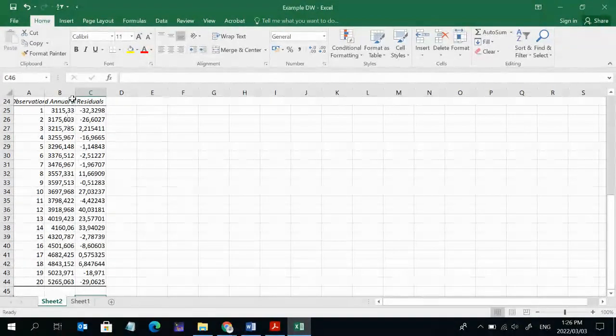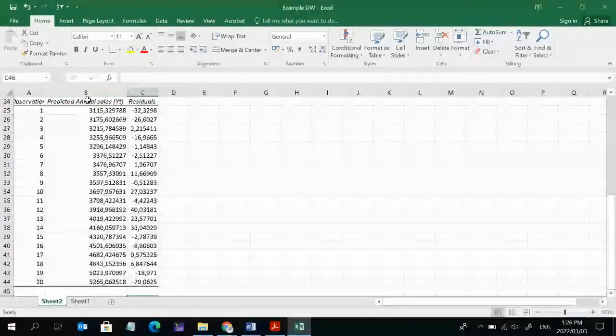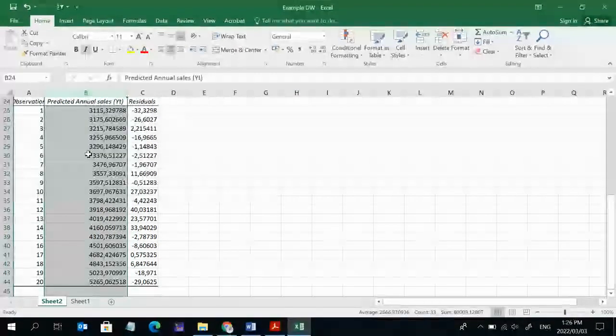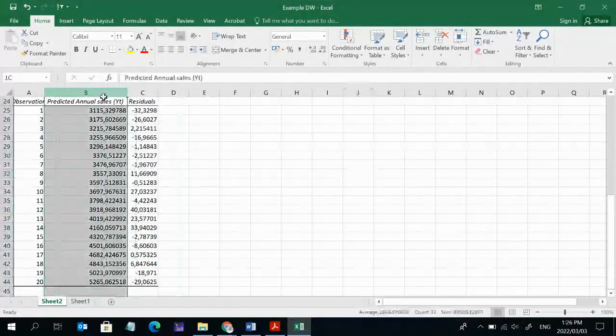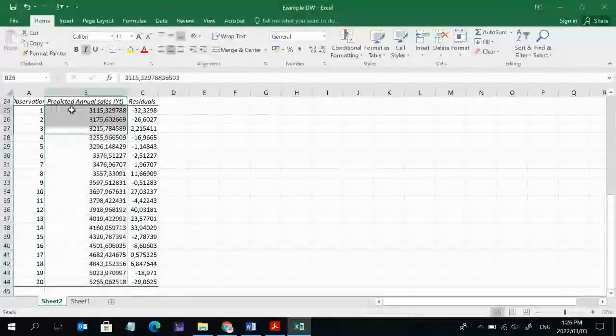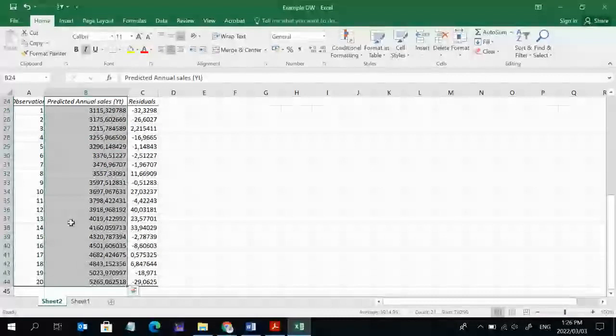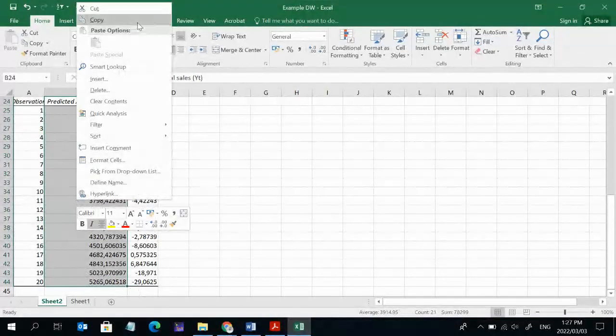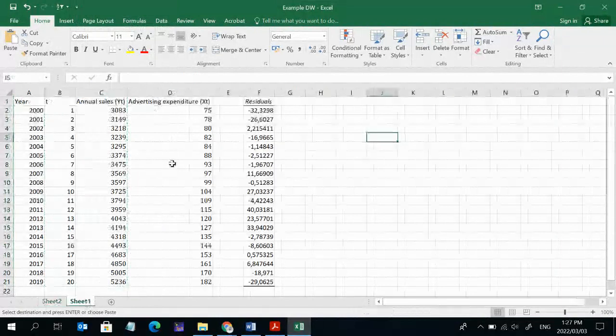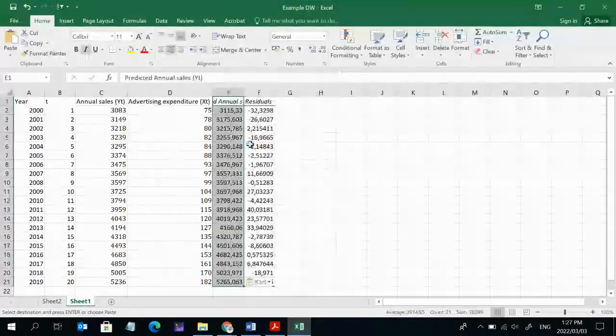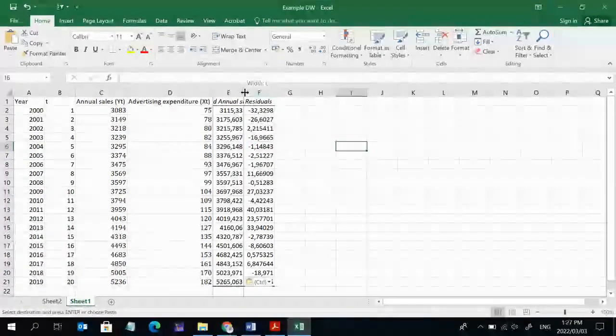So I will go back. These are the predicted y values, because the actual values we have, and the predicted y values are here. So I can take this and also include it here.